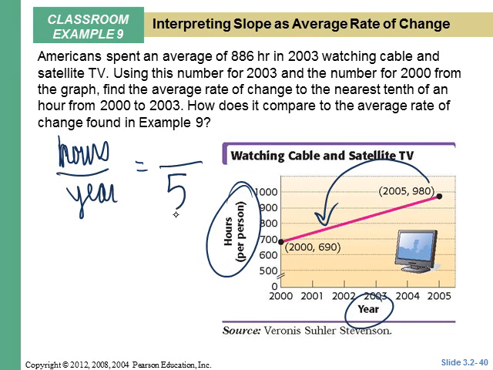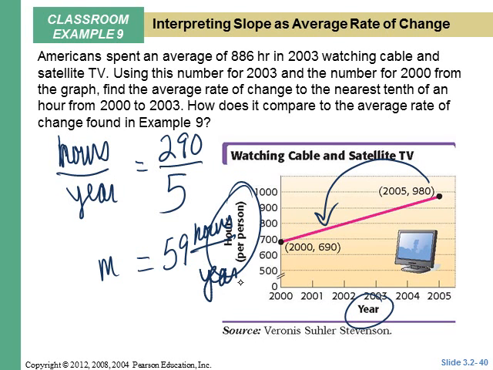I know the number of years is 5. 980 minus 690 is 290. 290 divided by 5 is 58, something like that. M is 58 hours per year. In other words, the television watching time goes up 58 hours each year, according to this example.